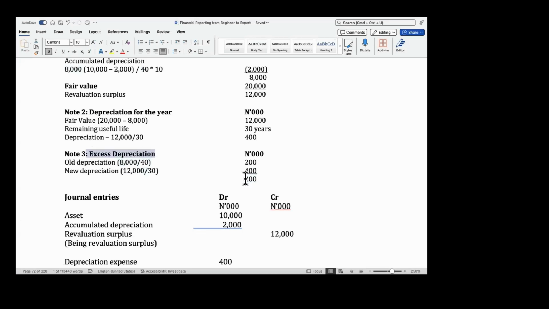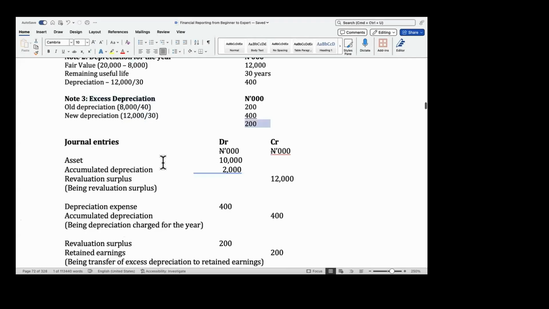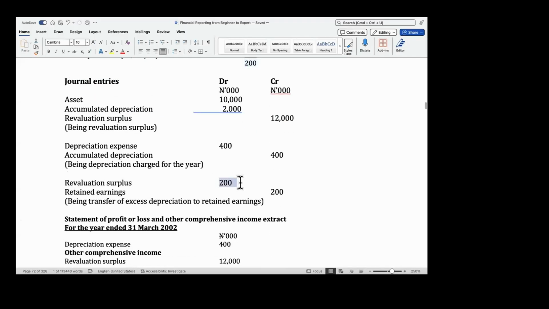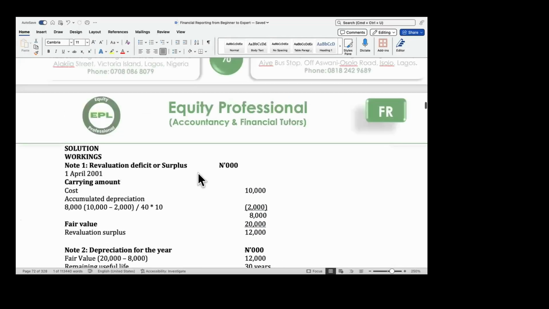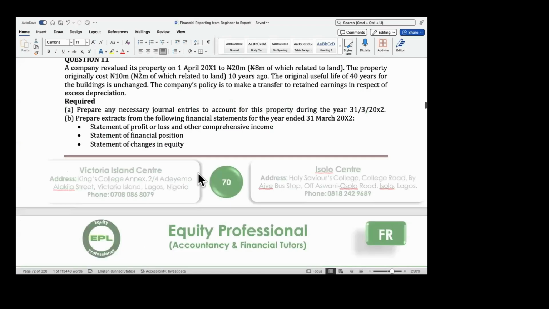With this excess depreciation, we transfer 200 every year, debit revaluation surplus and credit retained earnings, so that before the end of the life of the assets, you'll have finished earning the revaluation surplus. So that's the principle of transferring to retained earnings in respect of excess depreciation.